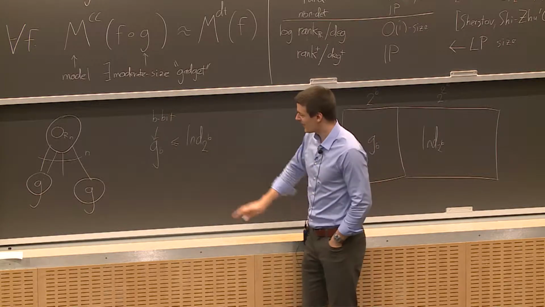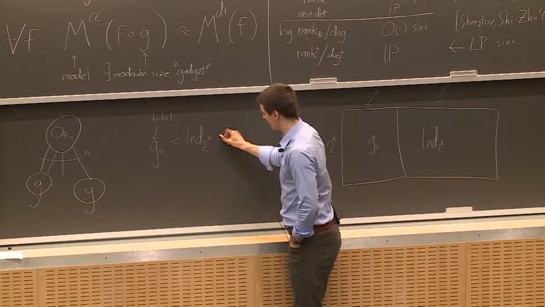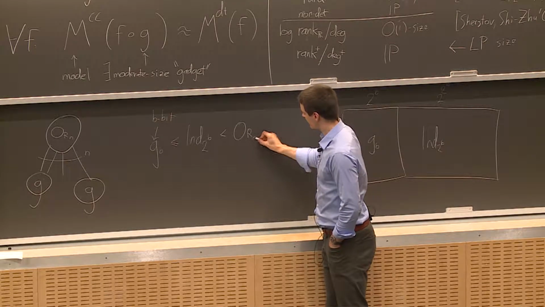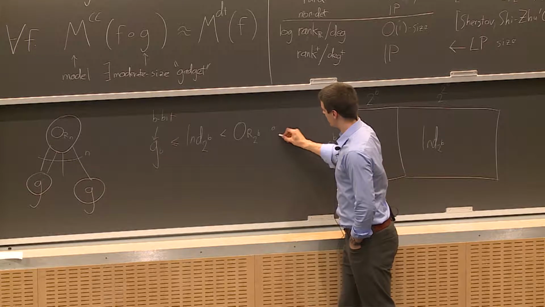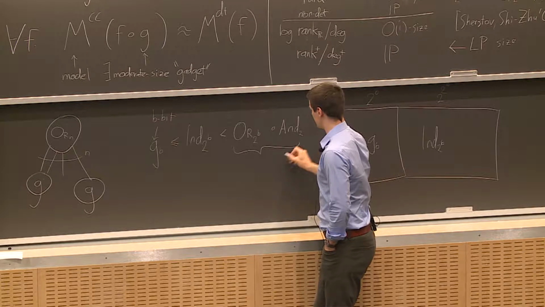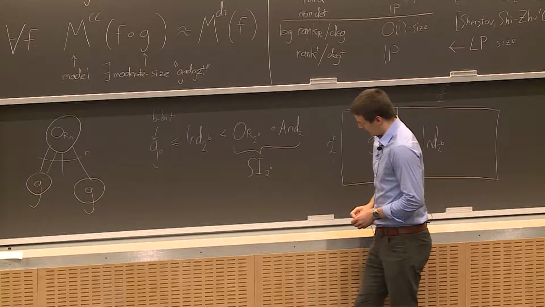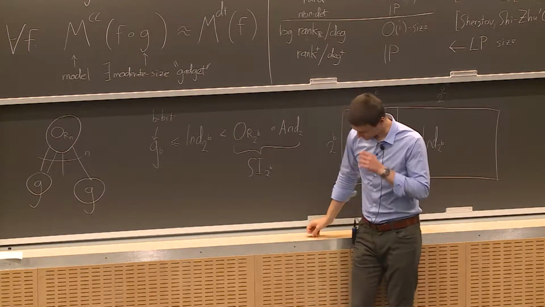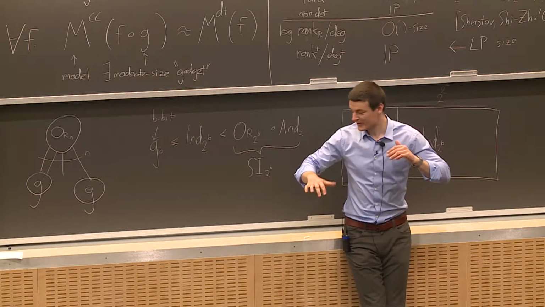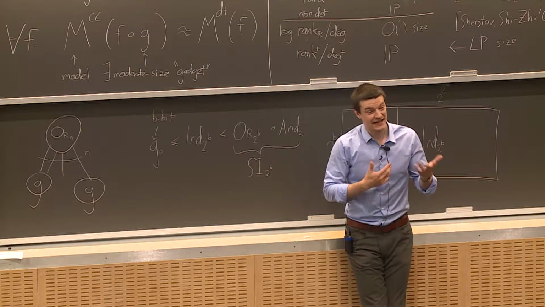But further, I can write the indexing gadget as a set intersection gadget. So I can write it itself as an OR of 2 to the b many ANDs. I call this set intersection on 2 to the b bits. So why is this? Well, Alice has this pointer to Bob's string. I reinterpret this pointer as an indicator vector.